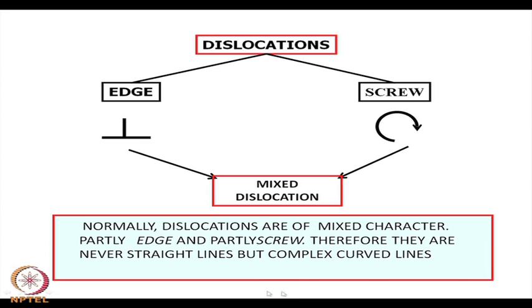So, a dislocation line is not always a perfect screw or a perfect edge dislocation. They may be composed of many combinations of edge and screw, and therefore they become very curved lines. Normally dislocations are of mixed character, partly edge and partly screw, and never straight lines but complex curved lines.